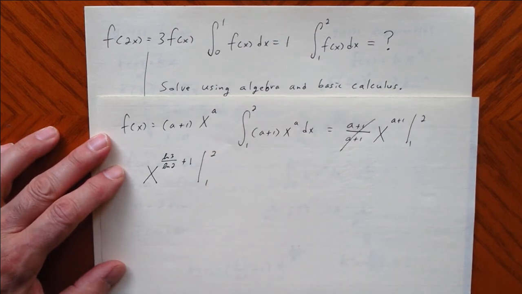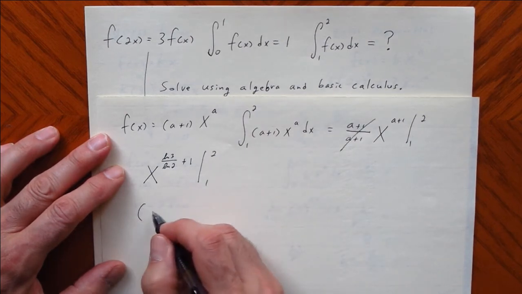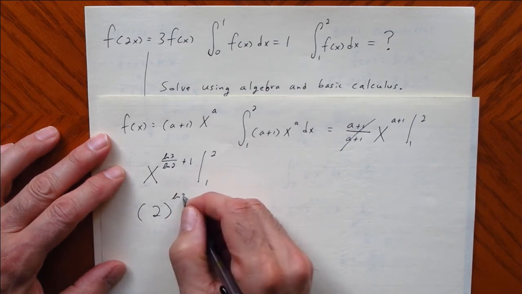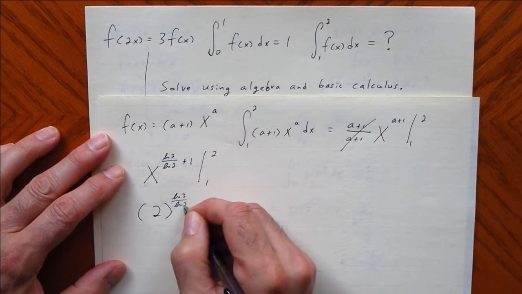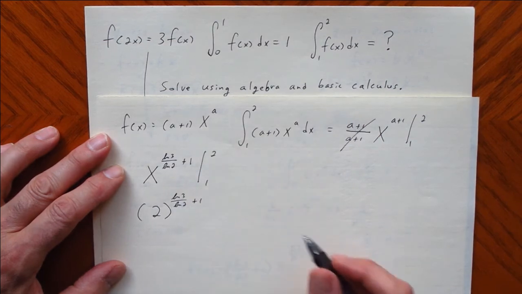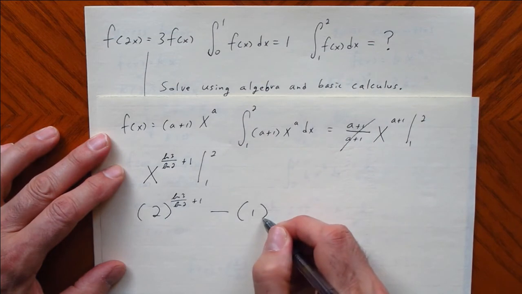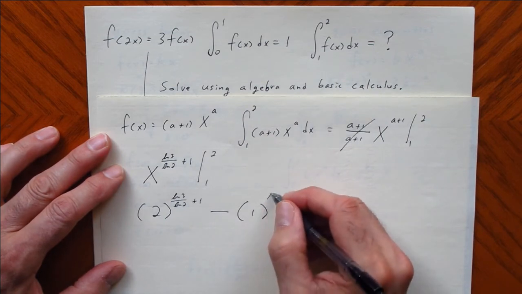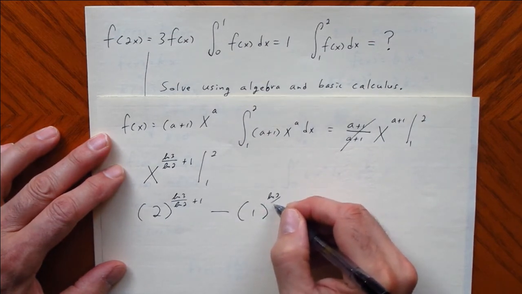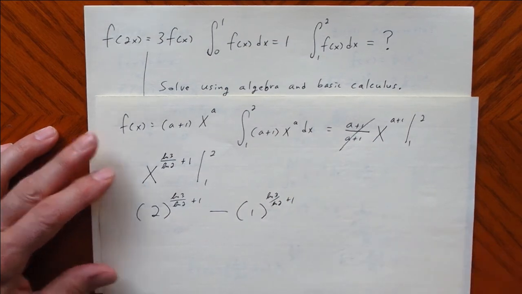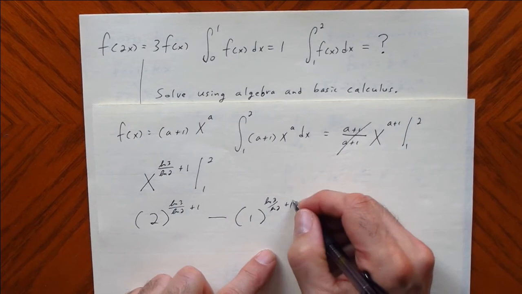All right, let's put the 2 in there. We have 2 to the log of 3 over the log of 2 plus 1, and from that we will subtract 1 to the log of 3 over log of 2 plus 1. Now, this one here is easy, okay?